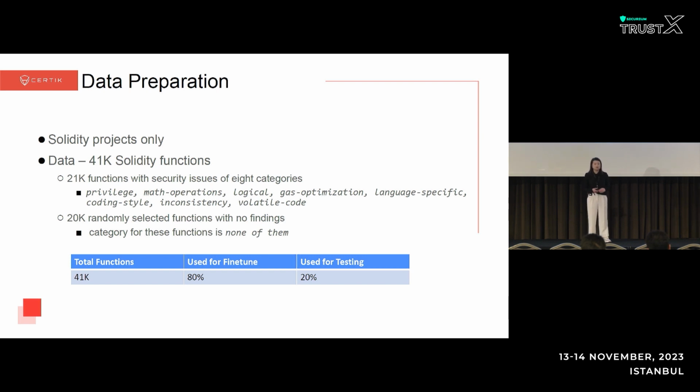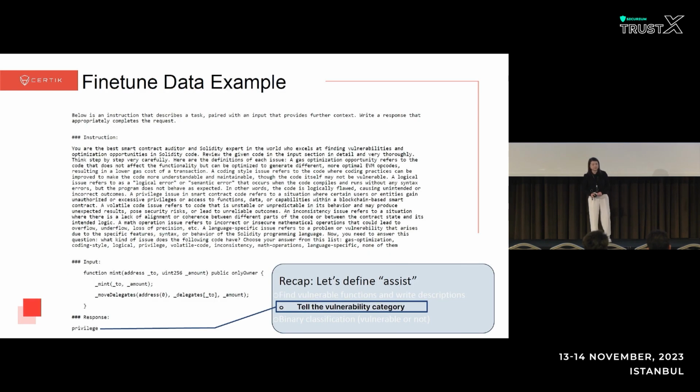So we have one additional category that will serve as a negative class, which is non-vulnerable. And like many other training models, we split 80% for fine-tuning and 20% for testing purposes.